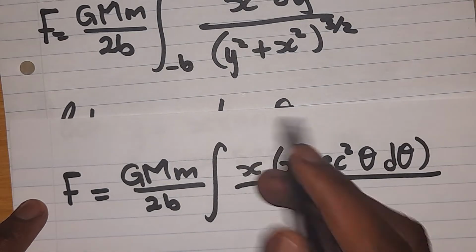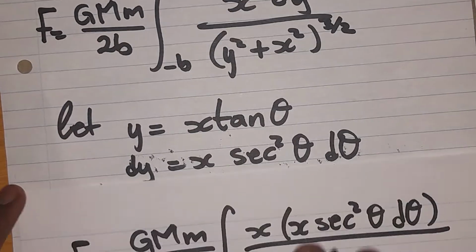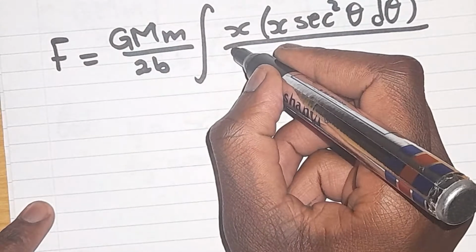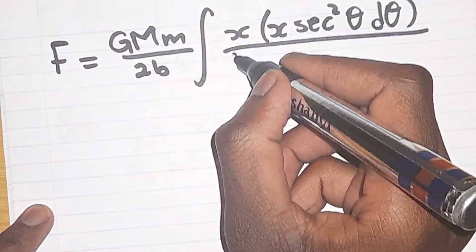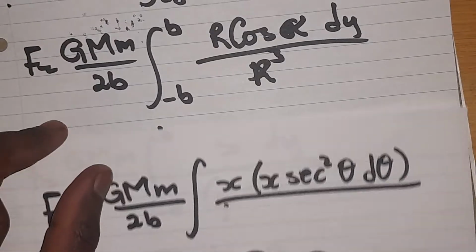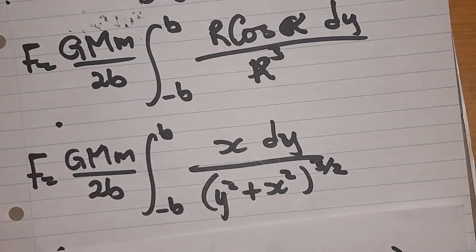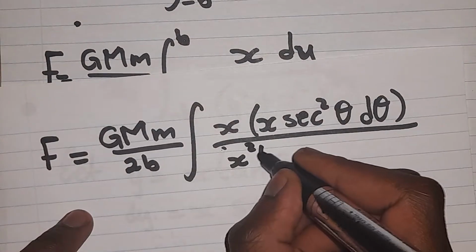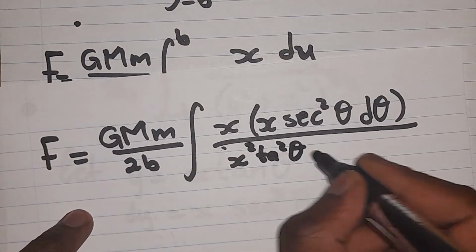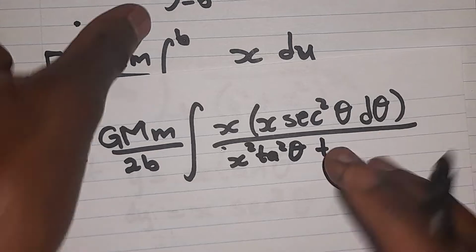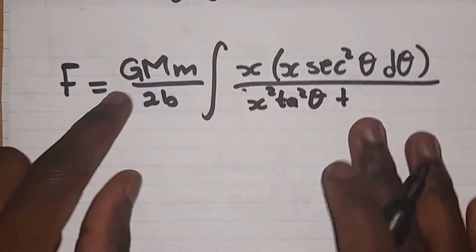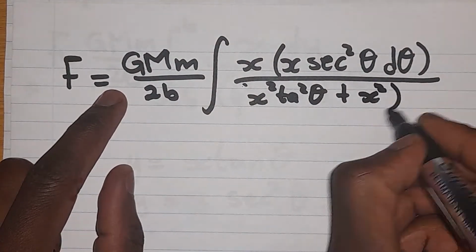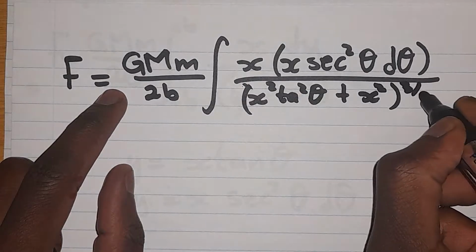All over, we had y to be x tan theta. So y squared will be x squared tan squared theta plus x squared, all raised to 3 over 2.